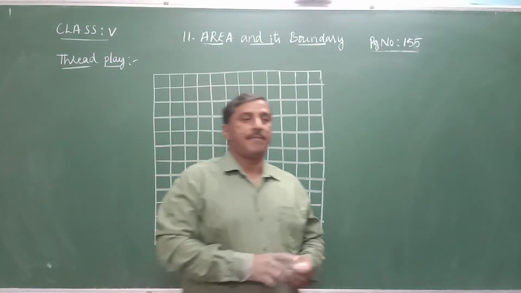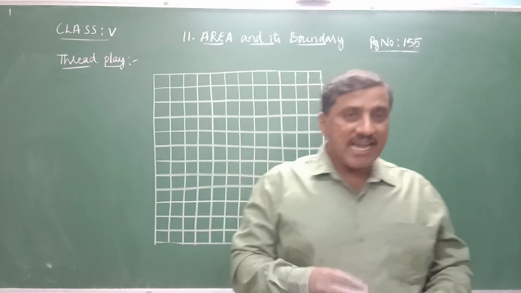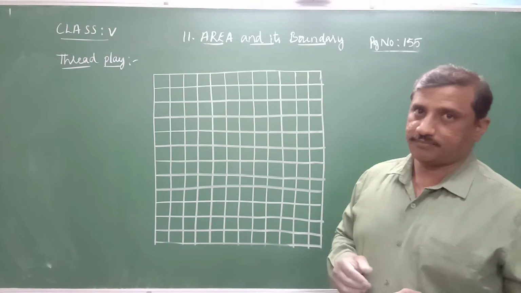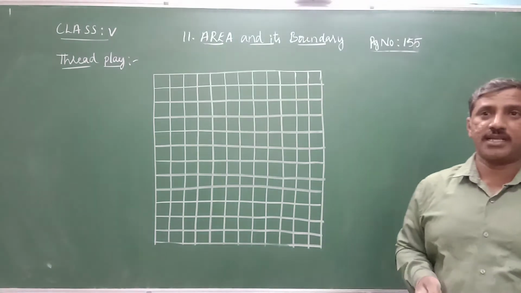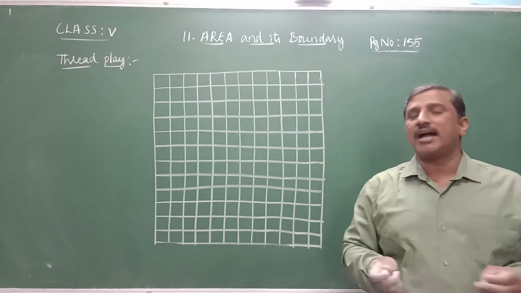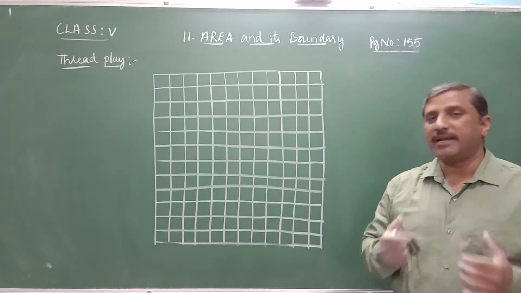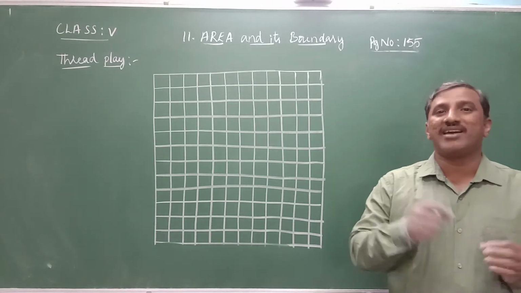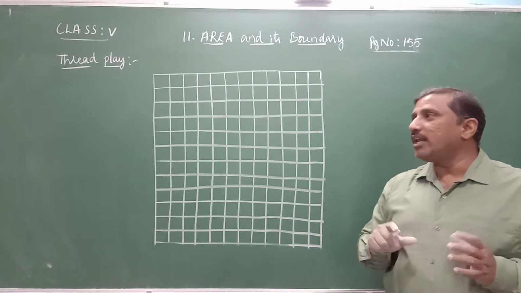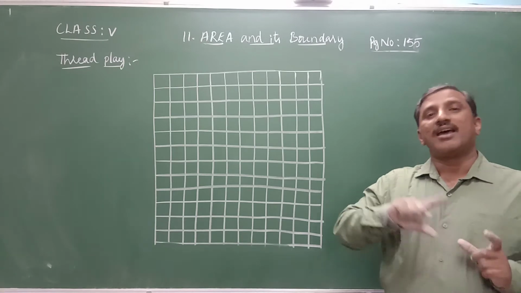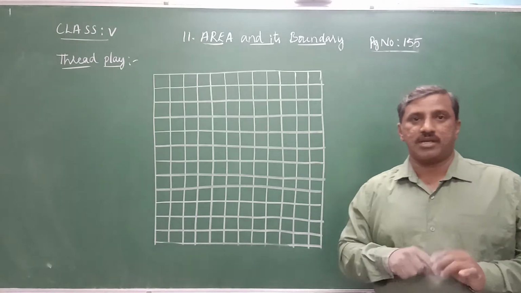Now we will find area and perimeter of irregular shapes. How do we find area and perimeter of an irregular shape? First we discuss perimeter. How do we find the perimeter of irregular shapes? We will use a thread to measure the length of that irregular, curved shape.